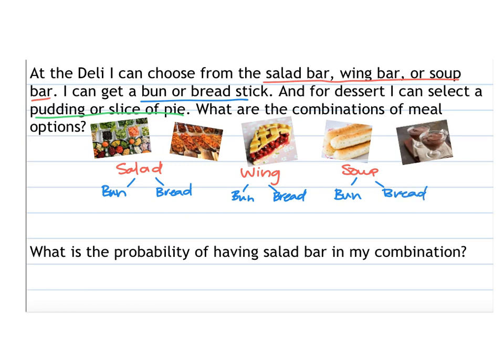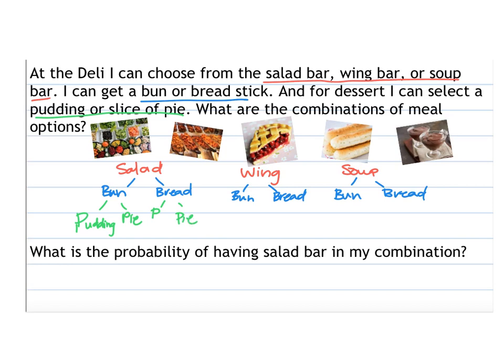Okay. Then after that, I have to pick dessert. So let's say I chose salad and a bun. Then I would need to choose either pudding, I'll have to write these out since they both are similar spelling, or I could have picked pie. If I chose salad with breadstick, then I could have picked pudding or pie.